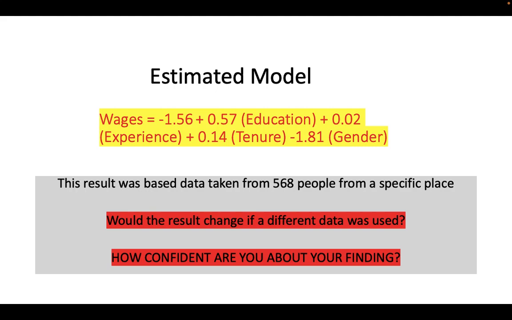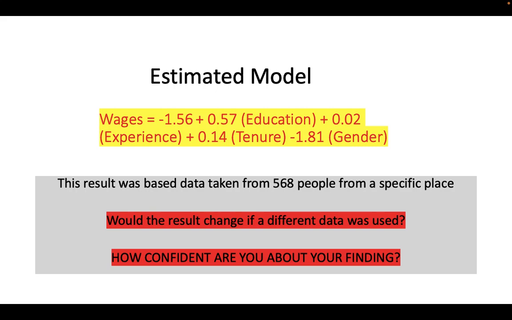So we want to explain how wages of the whole world are impacted by education, but we don't have the data of the whole world. We only took data from 568 people from a specific place. But the question is, if you took data from another sample, would you end up with the same results or not? That is the real issue here.